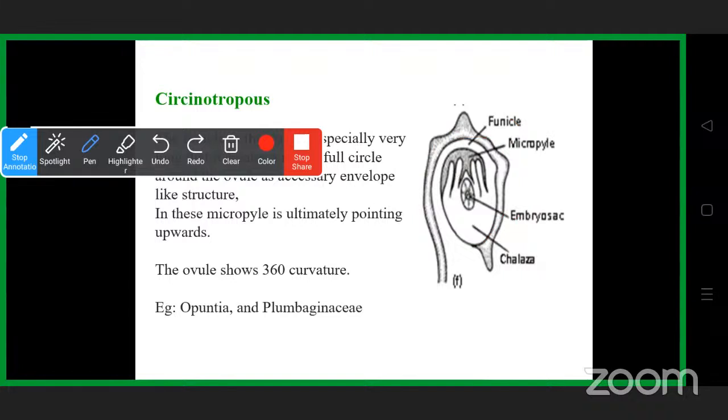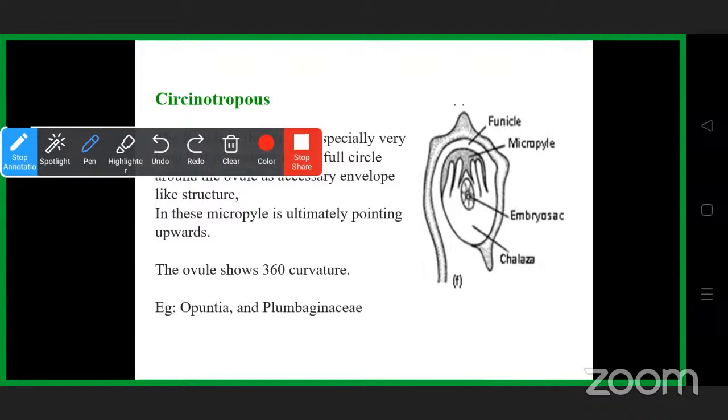Which ovule is turning into 90 degrees? Anatropous. Which ovule is turning into 180 degrees? Amphitropous, hemianatropous, in which the embryo is curved in horseshoe shape. Amphitropous, as in Alismataceae, Butomaceae.